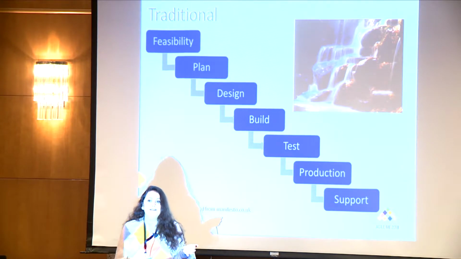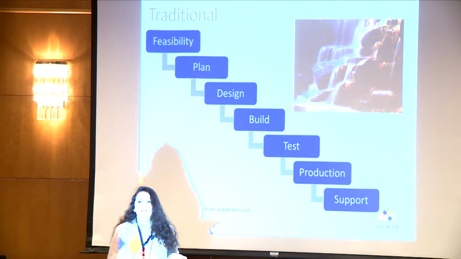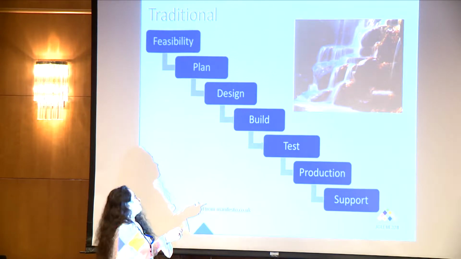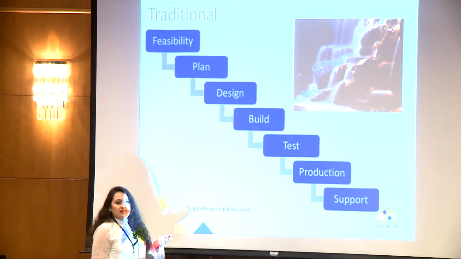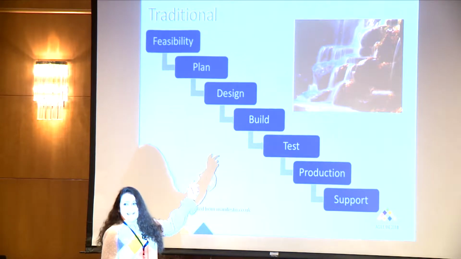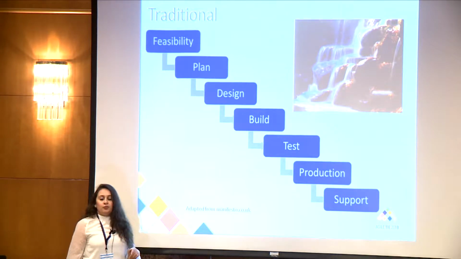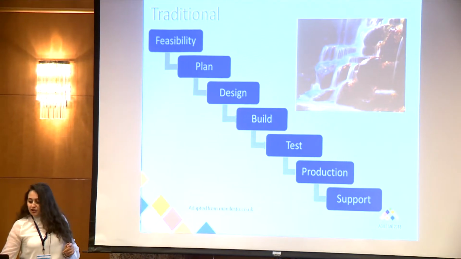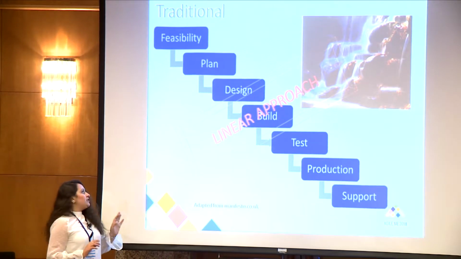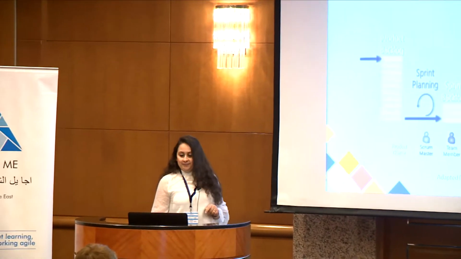And in the testing phase, we find that the result is not really what we want, not fitting the requirements. And then you need to go back to the design because you discovered that's where the problem is. Going back through this iteration is very costly, and it's not feasible in the traditional way. That's why the traditional is very linear, and it's not very efficient in terms of handling errors.